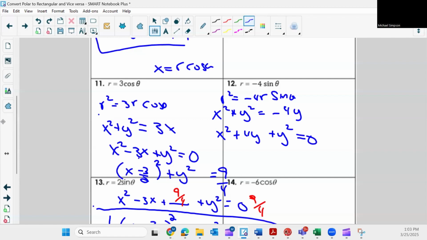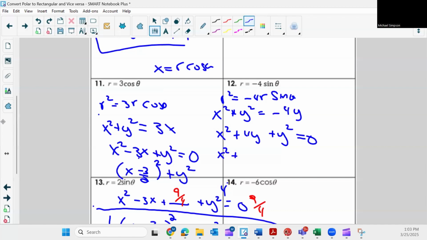Complete the square. We're going to rectangular form, so we're not going to have r in there. So now let's complete the square, guys.